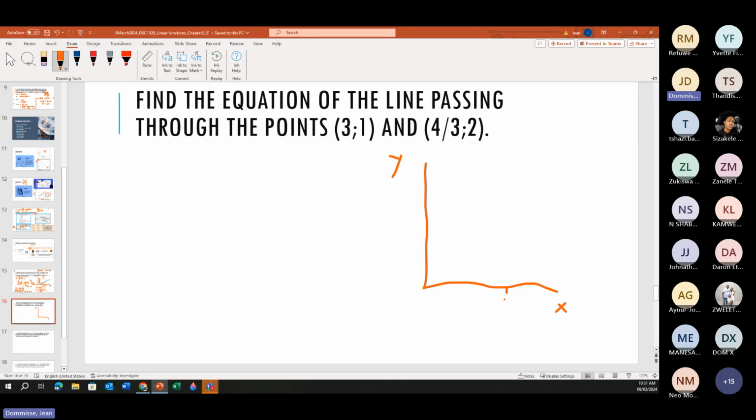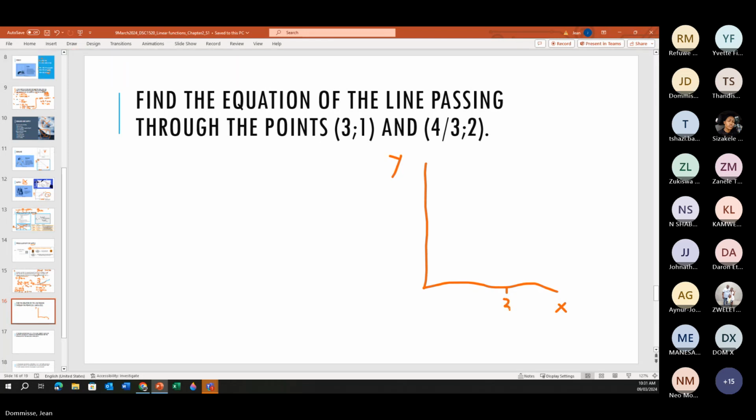So x is 3, y is 1, so there's 1 point. X is 4, oh sorry, that should be 4/3, so it didn't come out very nicely in the presentation.